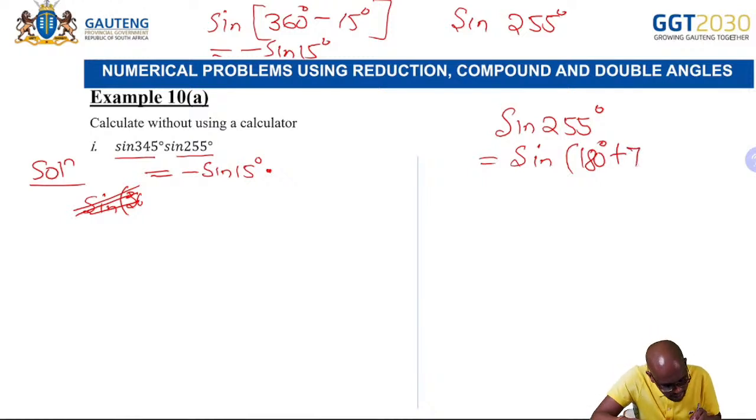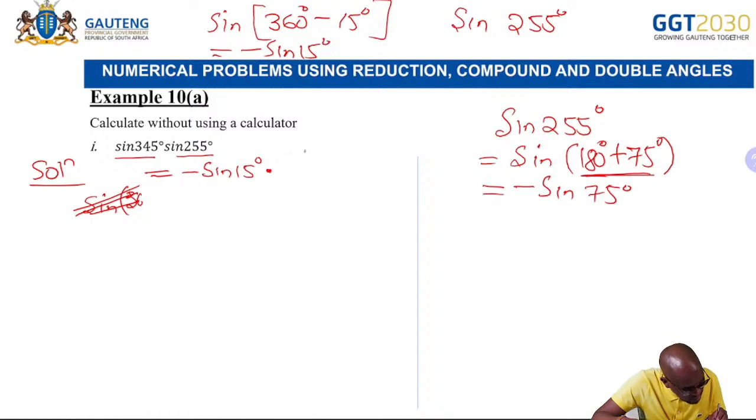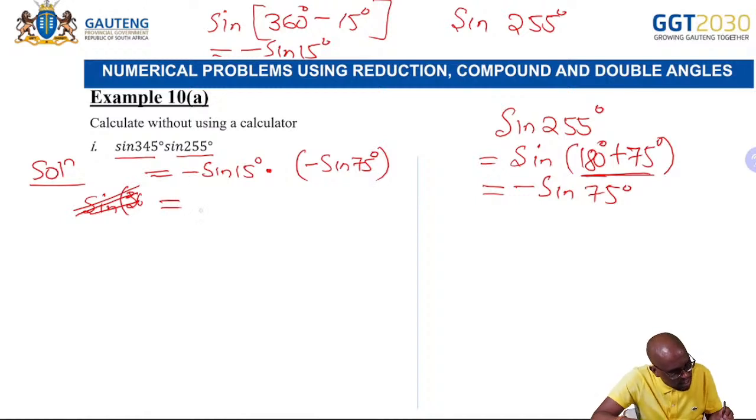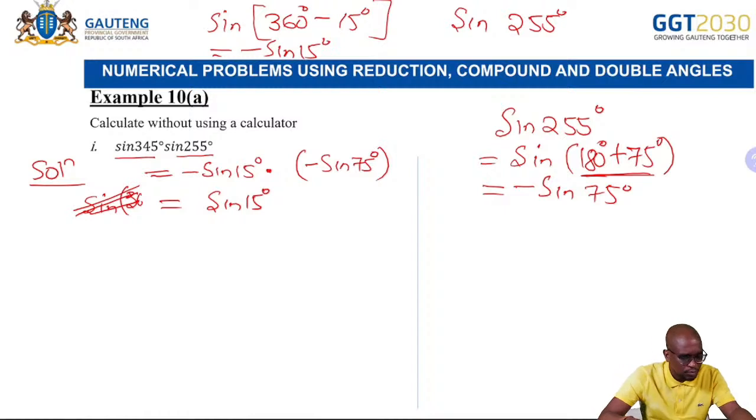We should add 75. So this would be the sine of 180 plus 75. And the sine in the third quadrant is negative. So this would be negative sine 75. So this is multiplied by negative sine 75. Multiplying by negatives here, we get sine 15 and then sine 75.